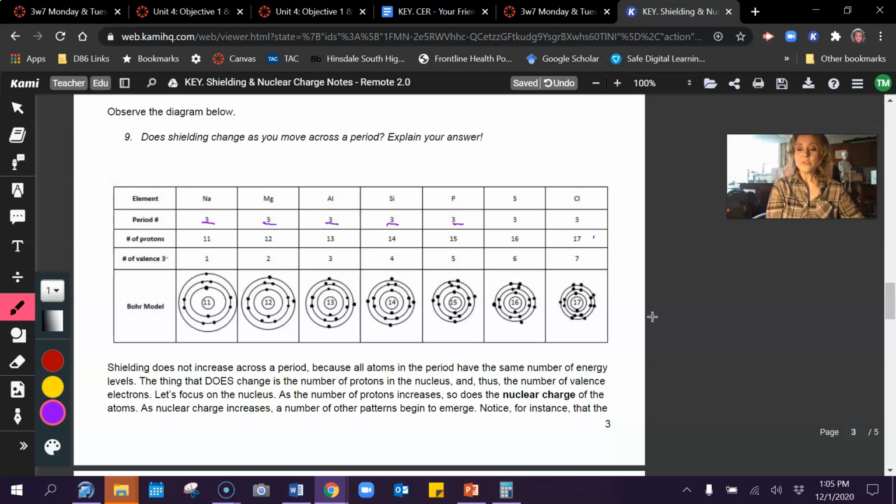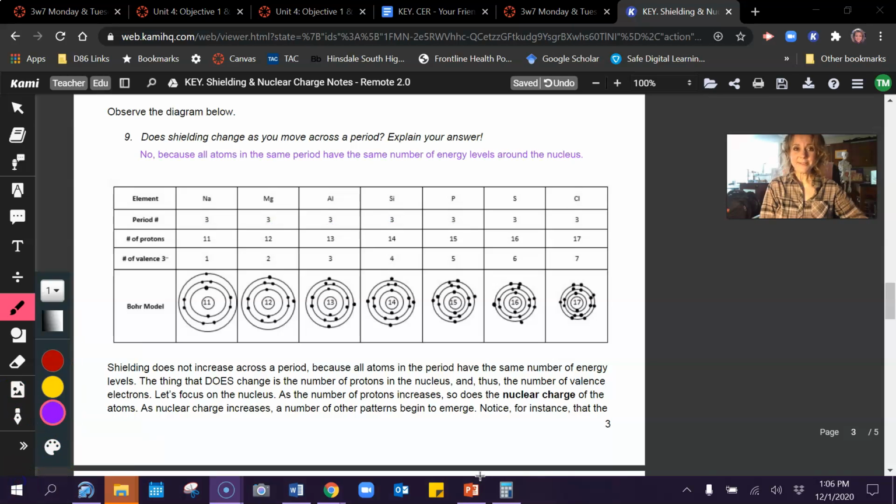They all have 3. So is shielding changing as we go across a period? The answer is no, because all of the atoms in the period have the same number of energy levels. So no, shielding does not change as we move across the period. All right, so there is your answer for number 9.